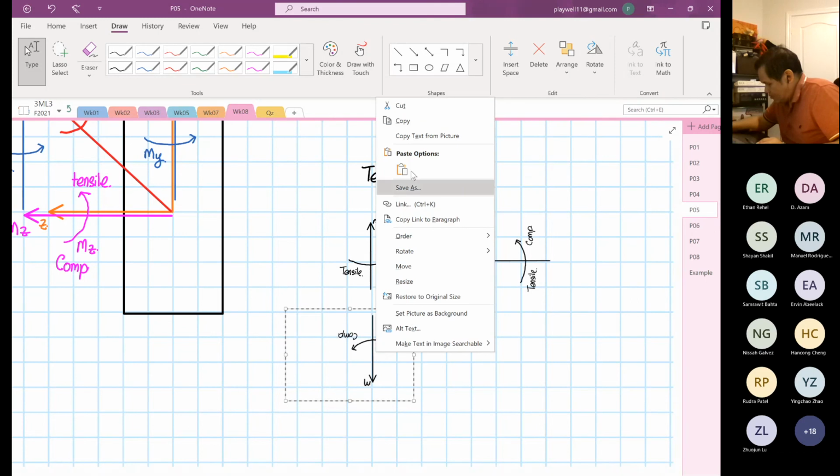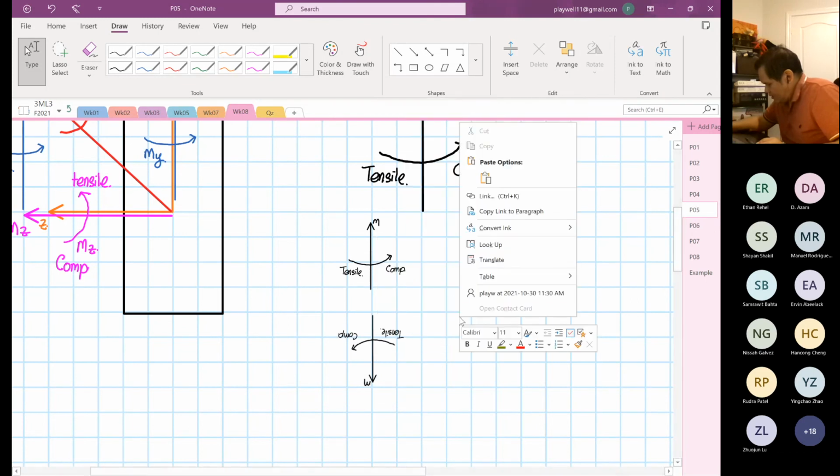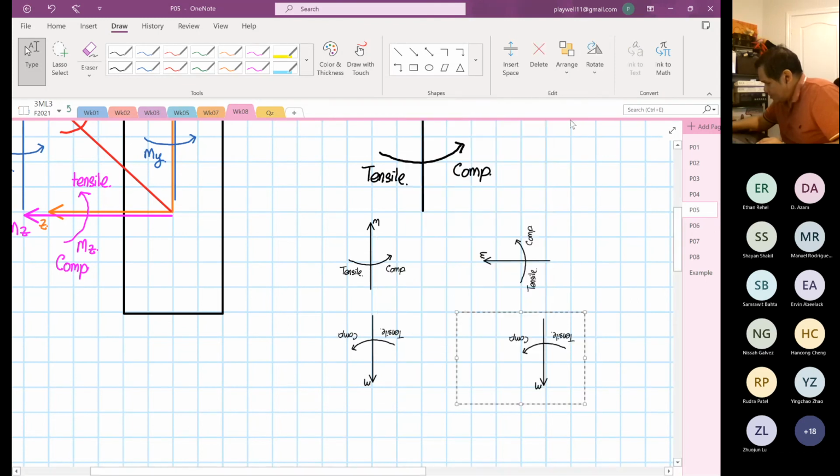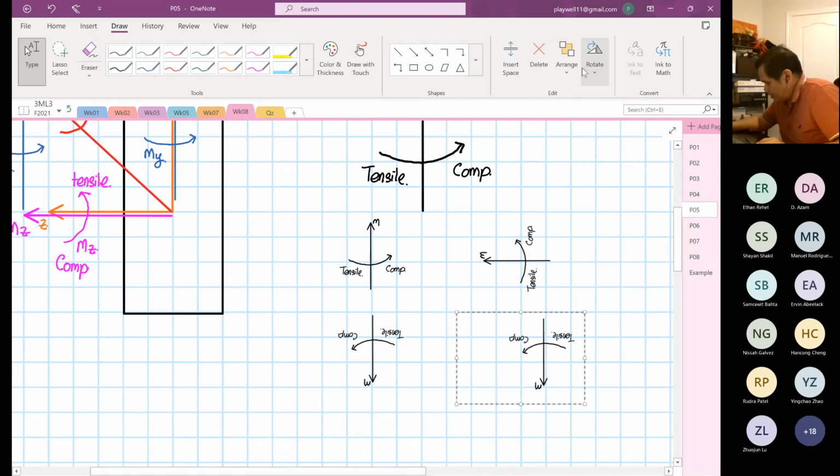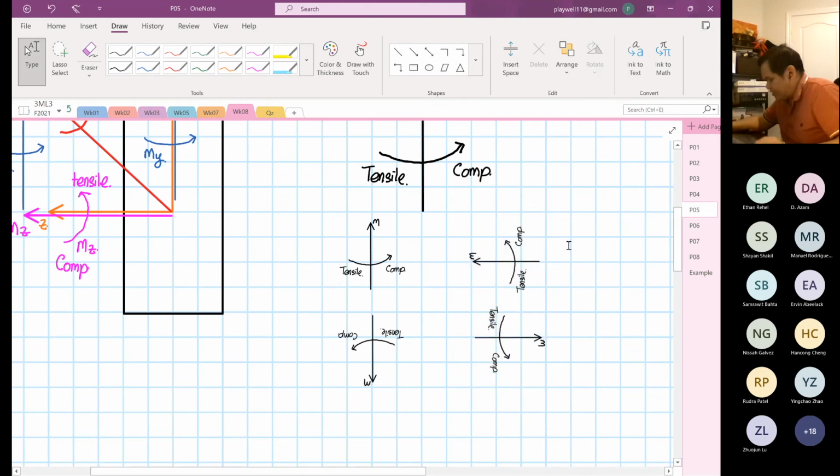Then I'll copy and paste, and rotate towards the left. I'll tell students to usually have these arrows ready, or print them on a piece of paper and then rotate the paper. It's the same thing.